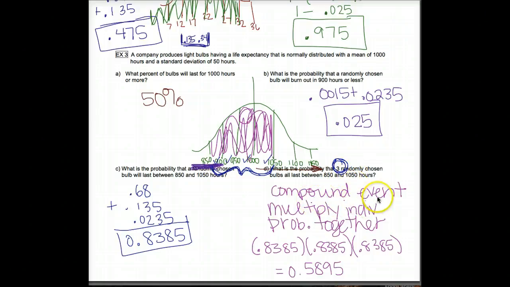So the probability of the first thing happening is 0.5, but the probability of the second is 0.7. You would still multiply them together even though they weren't the same. Here, because it's the same probability each time, you don't have to write it like this. You can certainly write it as 0.8385 to the third power, and that would be perfectly fine. I just wrote it like this so that I could talk about the situation where the events were different.